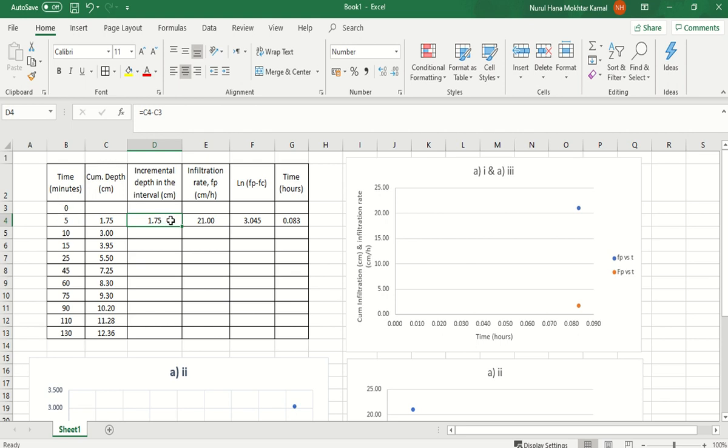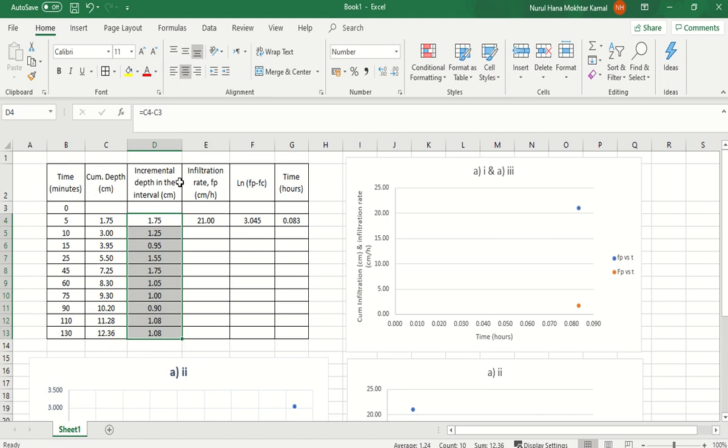All you have to do is subtract the cumulative depth before this one from this one. So the formula is C4 minus C3, and then just copy that. It's easy using Excel, but when you do hand calculation, it's going to take a lot more time.